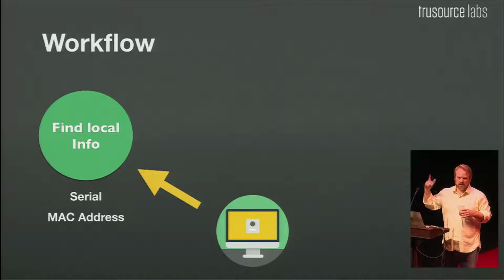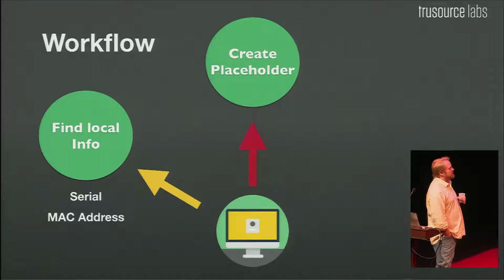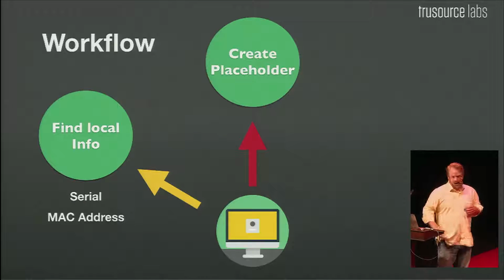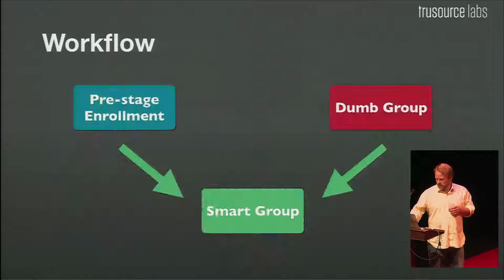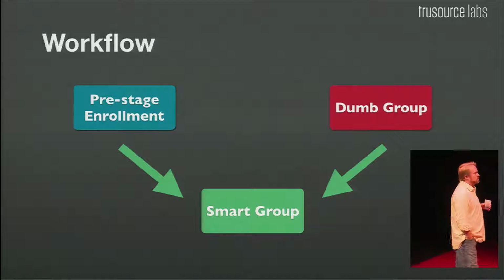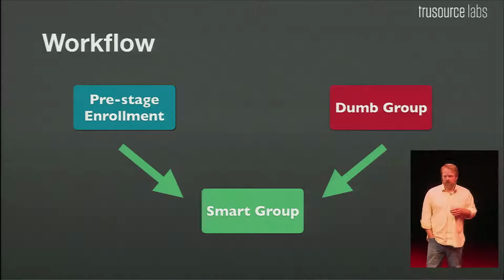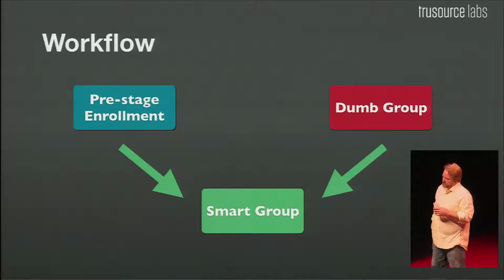We want to run it locally because I'll show you why in a little bit. We then reach out to the JSS, create a placeholder account, just like I showed you, and then we add it to the group, and that's where the rest of the magic happens after that. And this is because we've created a pre-stage enrollment group and a dumb group that are both part of a smart group.